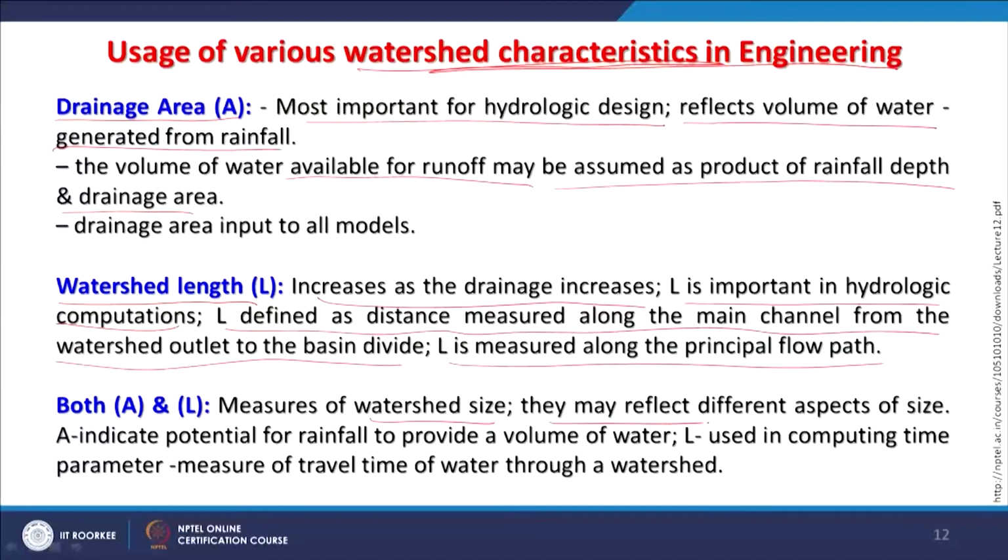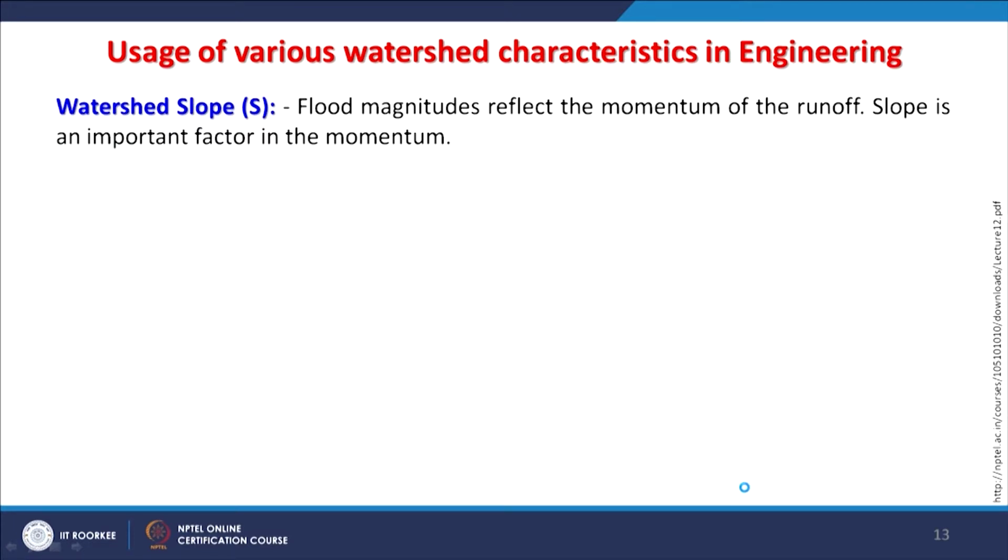Both A and L measure the watershed size, though they may reflect different aspects of size. A delineates the potential of rainfall to provide a volume of water. L is used to compute the time parameters, a measure of the travel time of water through a watershed.